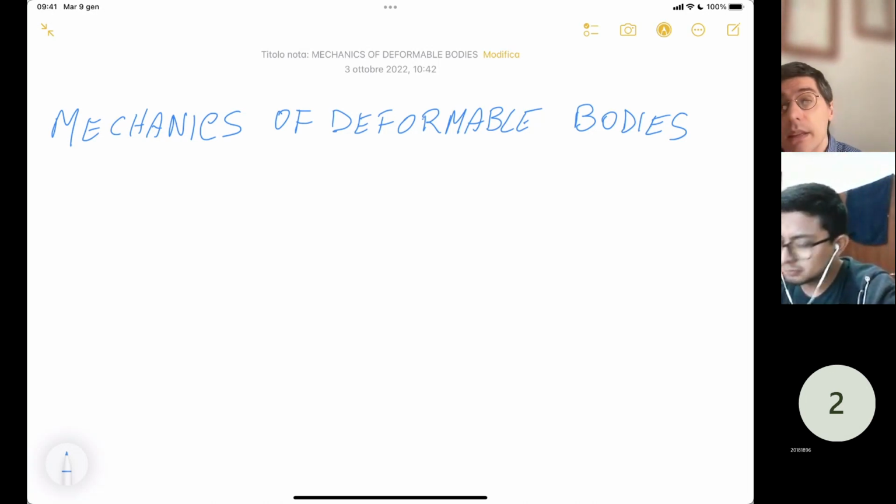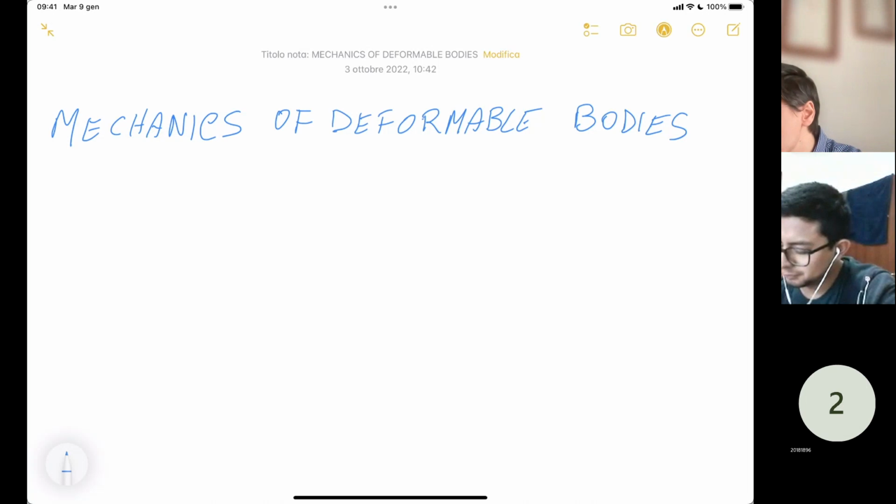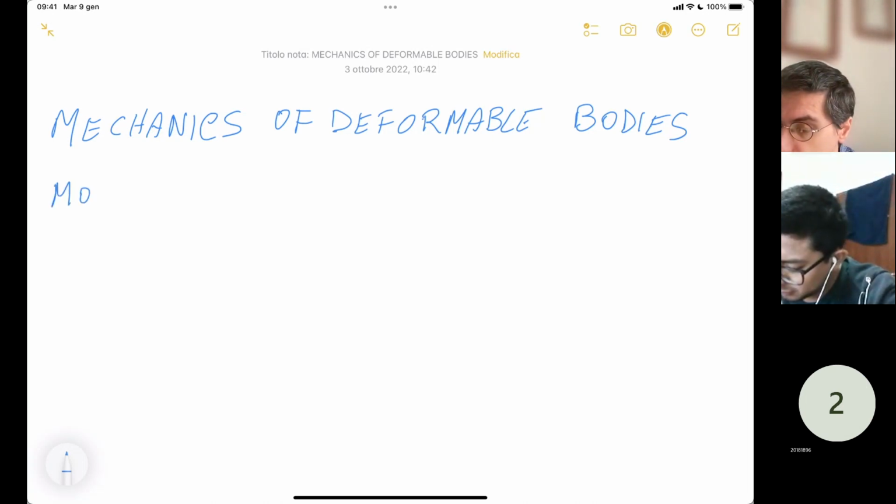Let's start with the simple topic of deformable bodies. First of all, we have to make some general considerations about this problem. And I will talk, especially today, about what a model is.